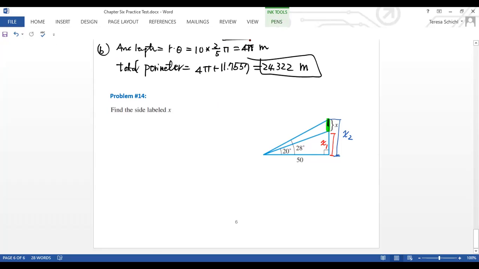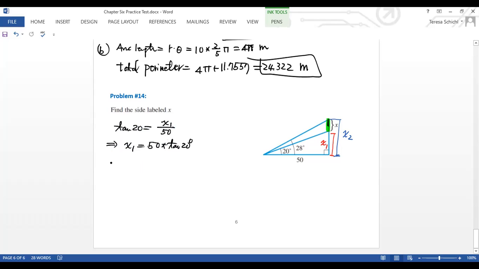For x1, I can use the tangent, right? So tangent 20 is equal to x1 over 50, opposite over adjacent. So x1 is equal to 50 times tangent 20 degrees.